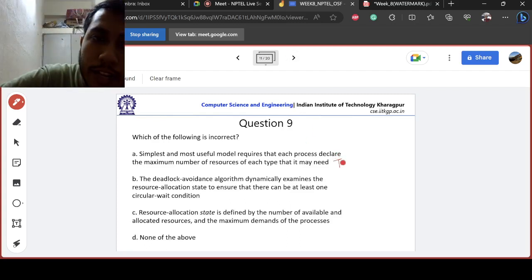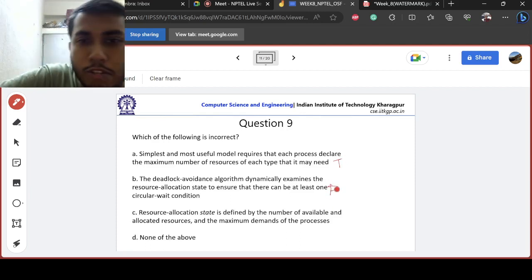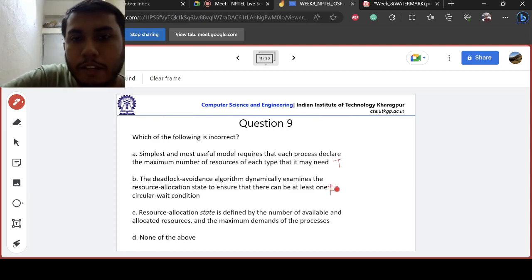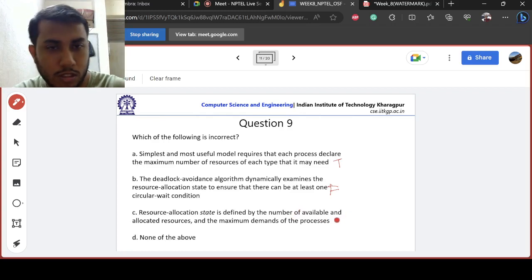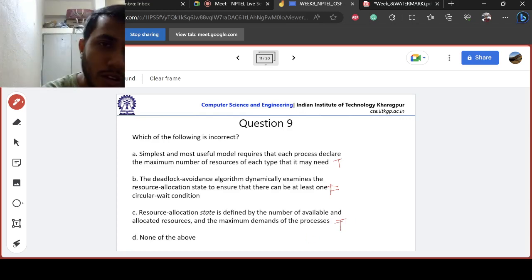The deadlock avoidance algorithm dynamically examines the resource allocation state to ensure there can be at least one circular wait condition. False. Resource allocation state is defined by the number of available and allocated resources and the maximum demands of the process. True. We have seen the claim graph, allocation graph, and the available processes.